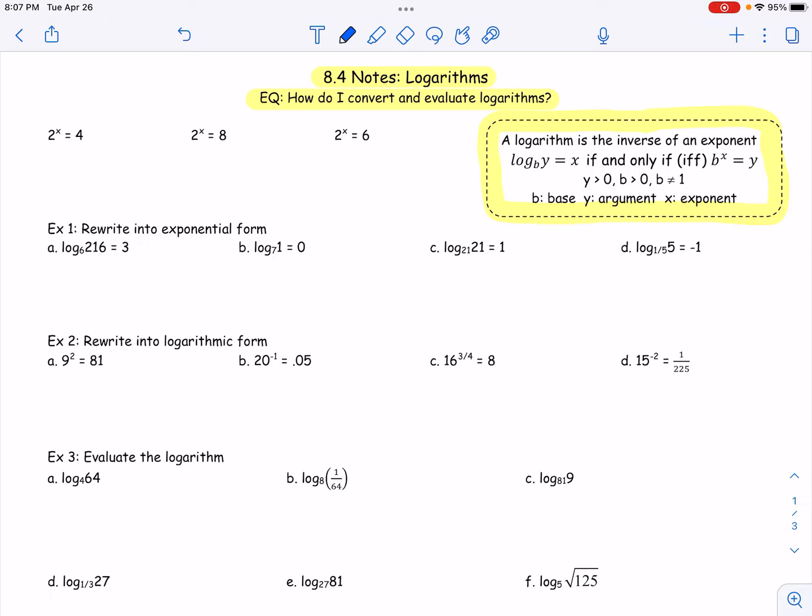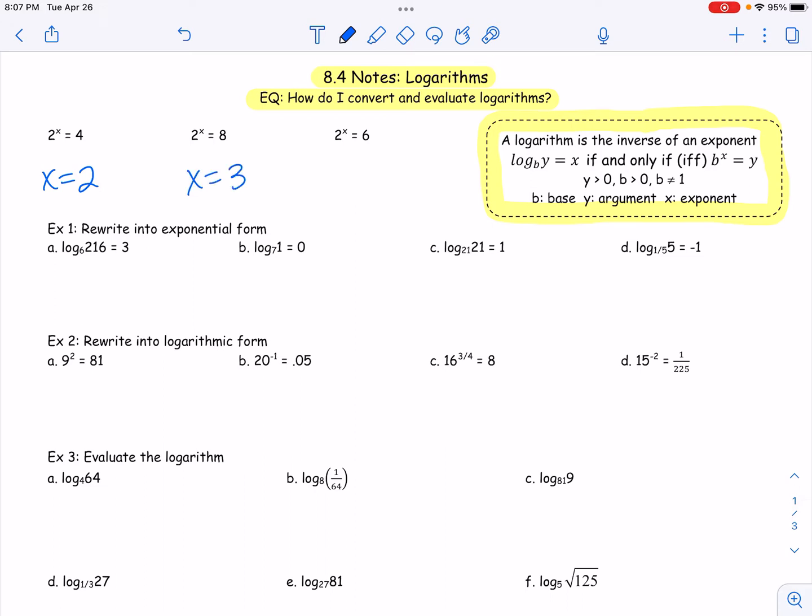So let's start with the basics. When we see something like 2 to the x power equals 4, we can immediately know that the value of x is equal to 2 because 2 squared is equal to 4. Same thing when I see 2 to the x power is equal to 8. Again, I know x is going to be 3.